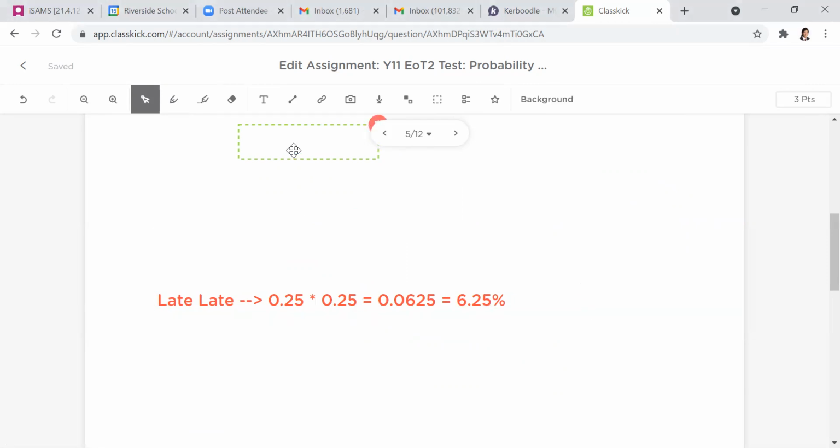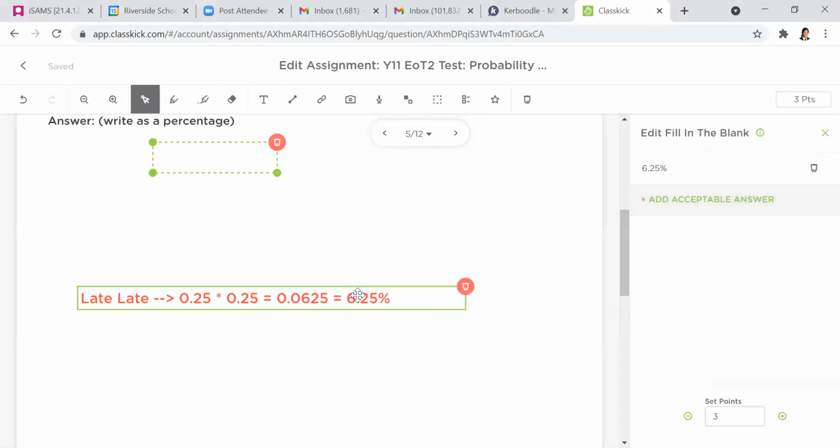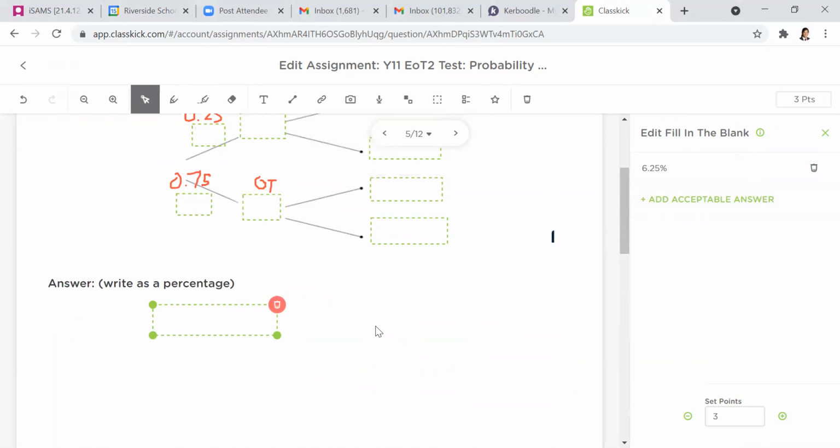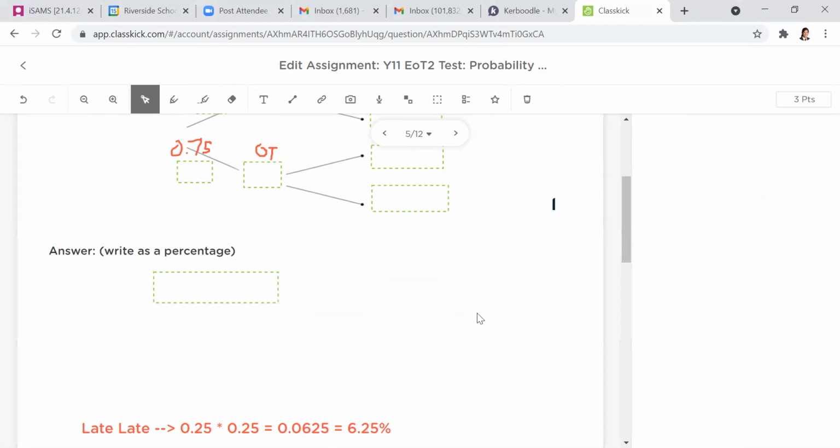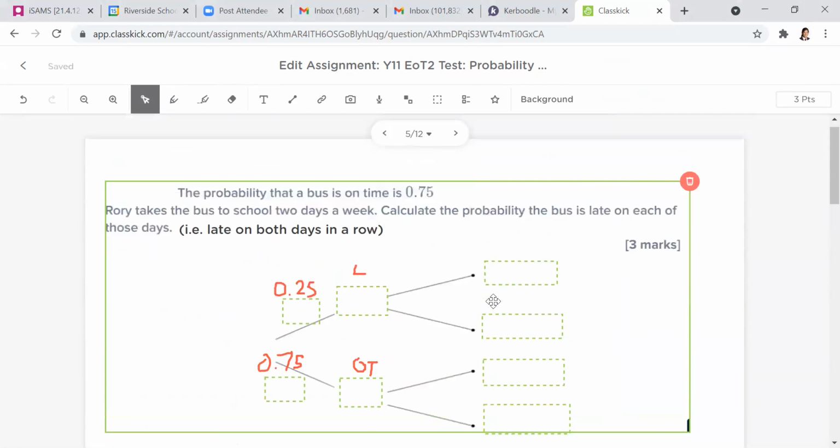So the answer was 6.25%. Some of you did the rounding wrong. You made it 62.5%. Wait a second. Is that 0.75 and 0.75? Oh, no, it's not. Okay, so 6.25% was the answer.